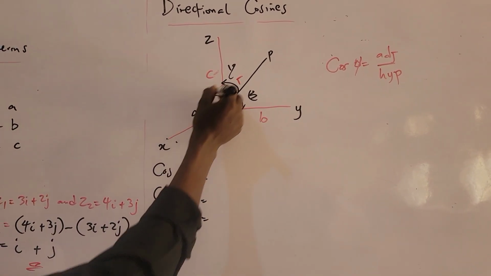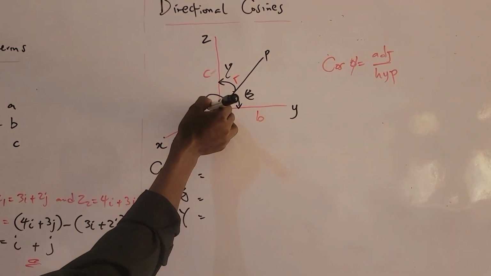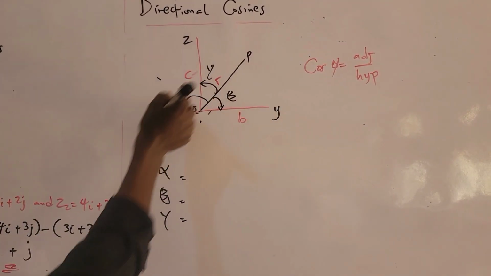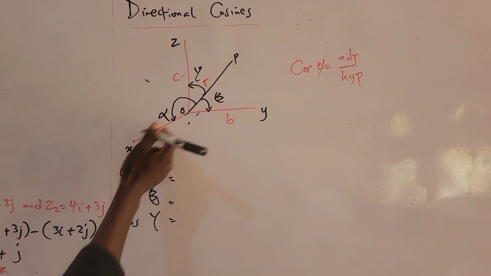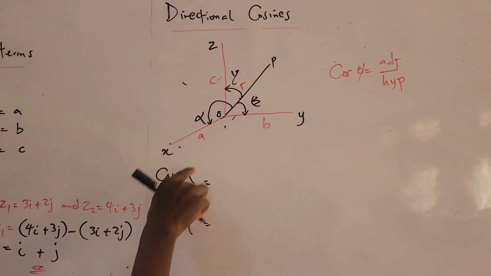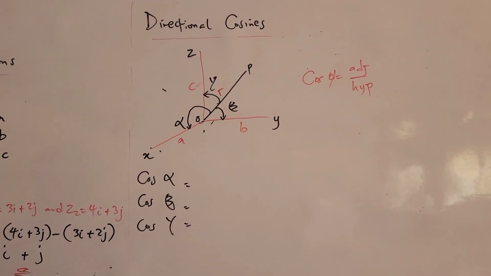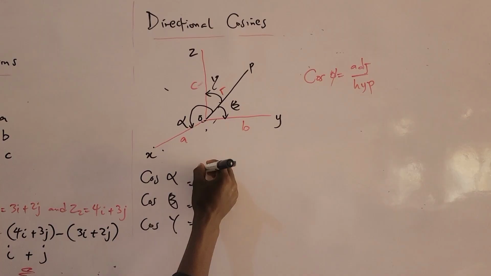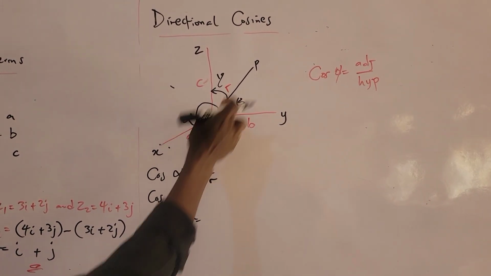If you take a line from here and join it here, you notice that the line here will be the opposite, this one will be the adjacent, and this will be the hypotenuse. So if this is the adjacent, cos alpha will be a over r. So cos alpha is a over r.